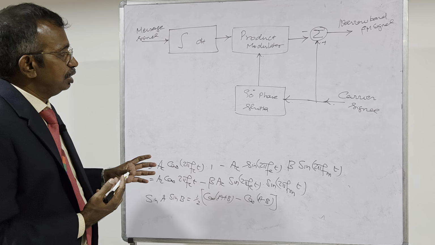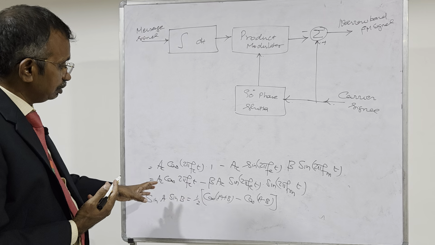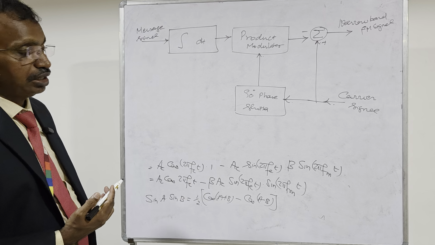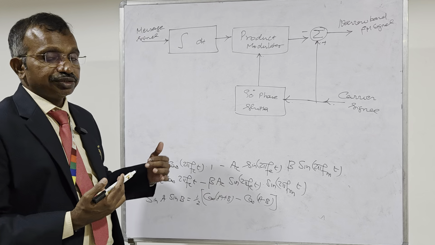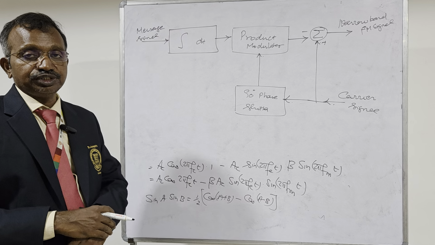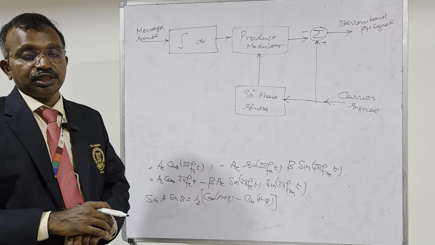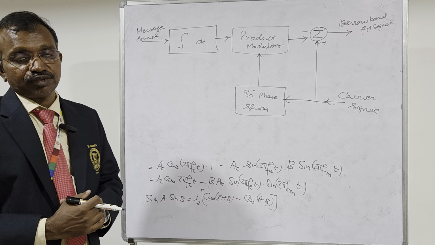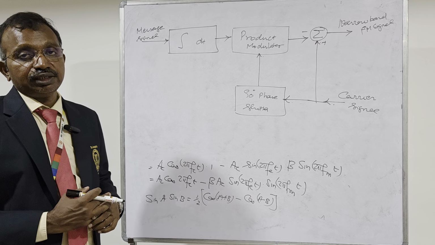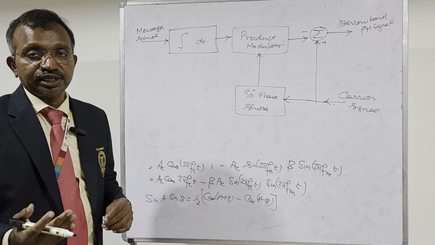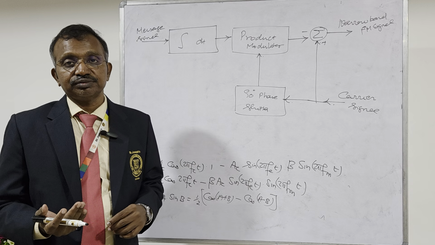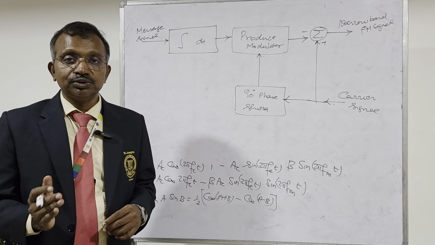Then we have derived the equation for the narrowband FM signal, and we have seen the spectrum of the narrowband FM signal consists of the unmodulated carrier, and then the lower sideband and upper sideband. So it is very similar to the AM signal.